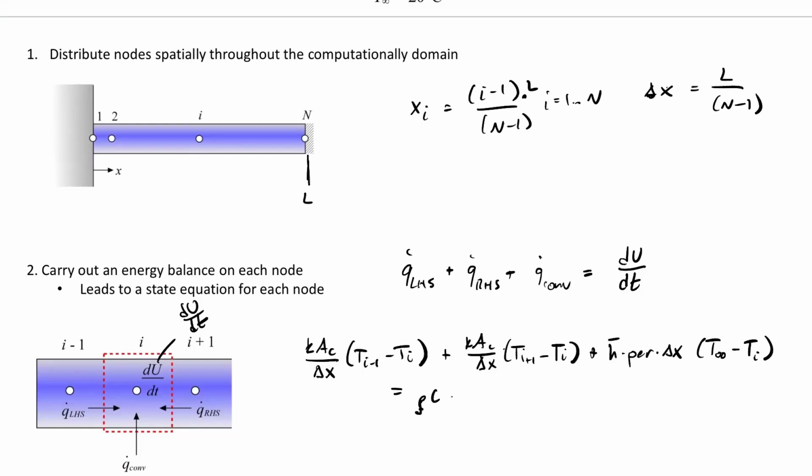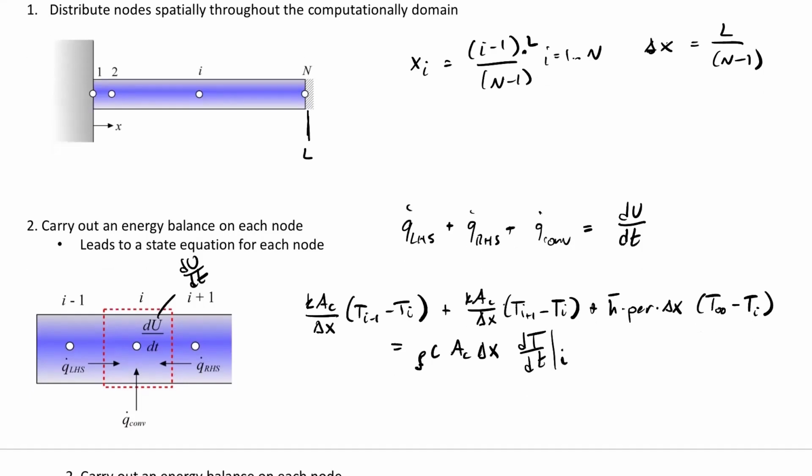So that is cross-sectional area times the thickness delta X. Okay, and then times the temperature, the time derivative evaluated at I, node I. Right? So there's our energy balance for this particular node.